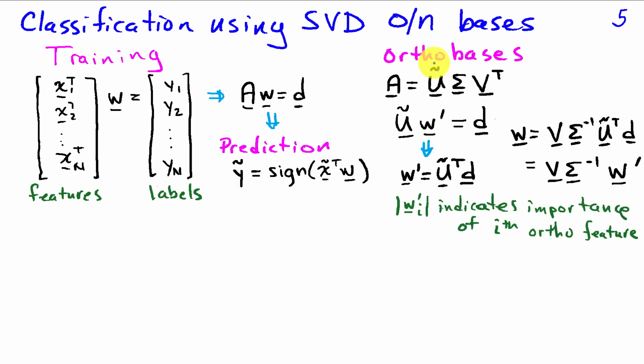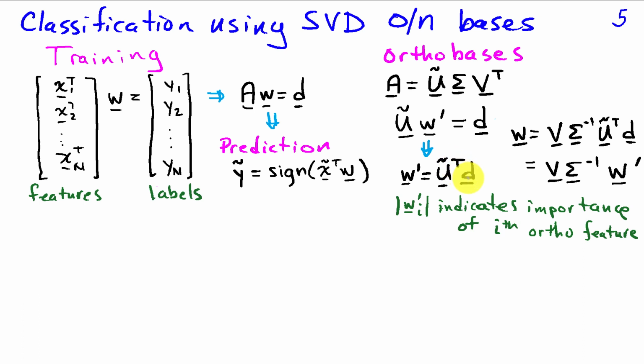Now the singular value decomposition of A gives us a natural set of orthobases, and those are represented by U tilde. So if we solve the classification problem in terms of these orthobases U tilde, it becomes U tilde W prime equals D. And since U tilde has orthonormal columns, we obtain W prime is simply U tilde transpose times D.